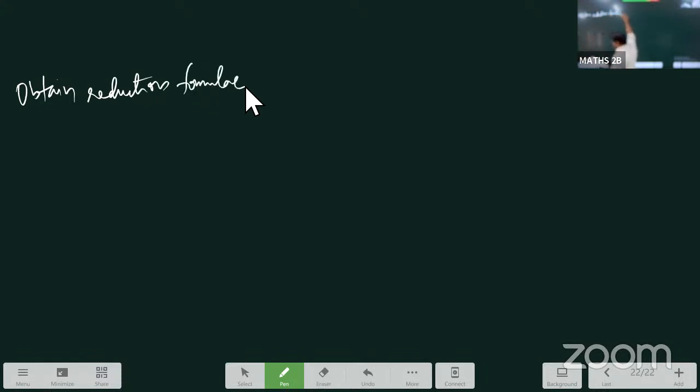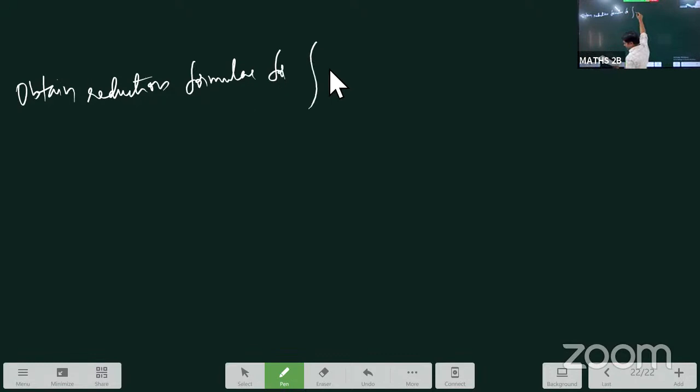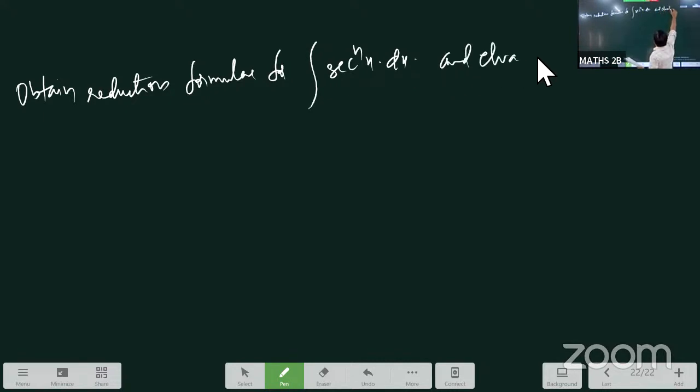Now next, obtain reduction formulae for integration of secant power nx dx.